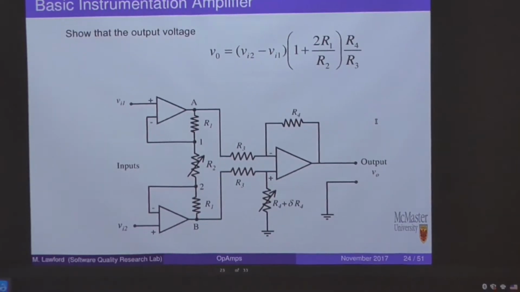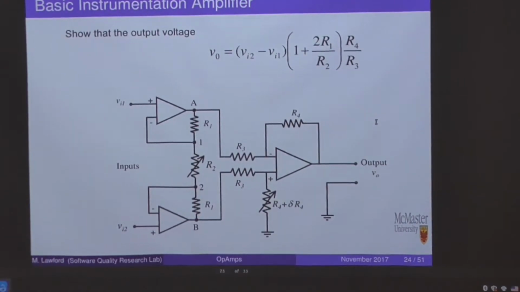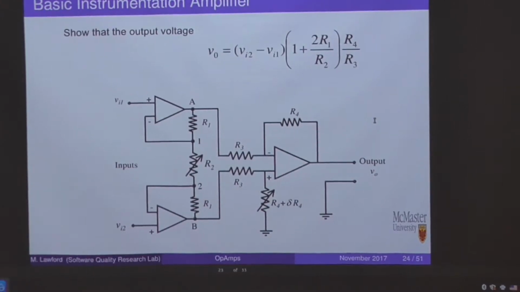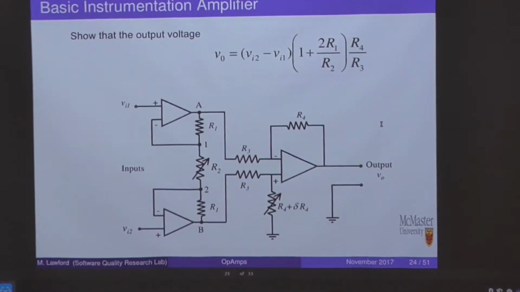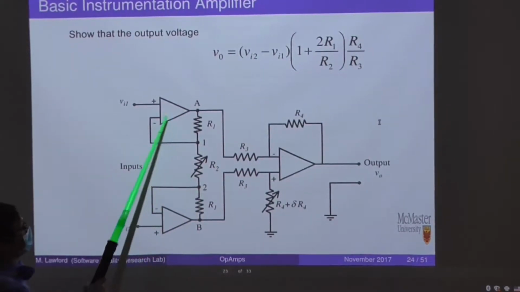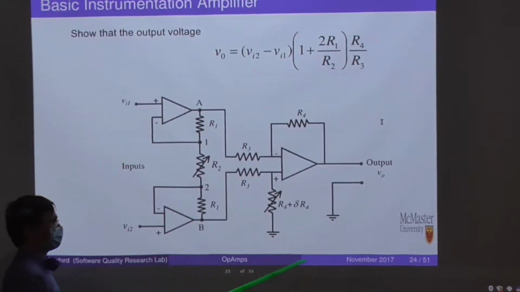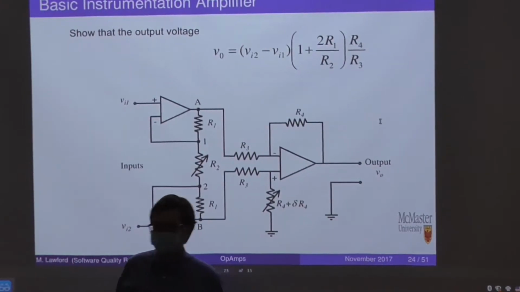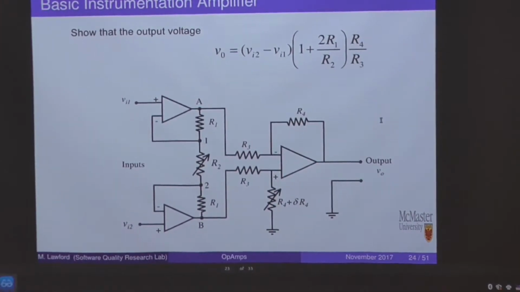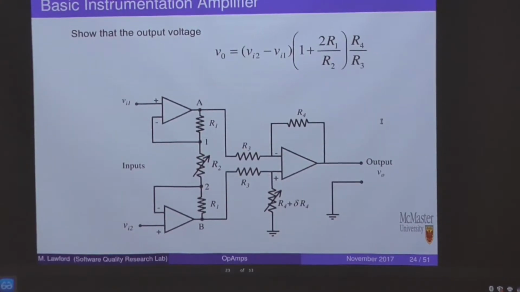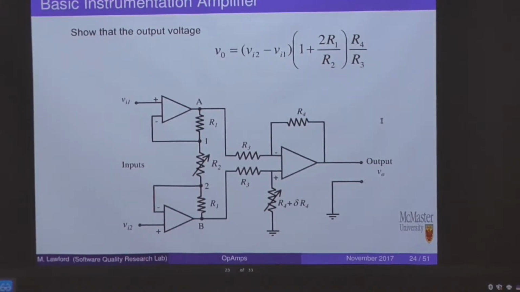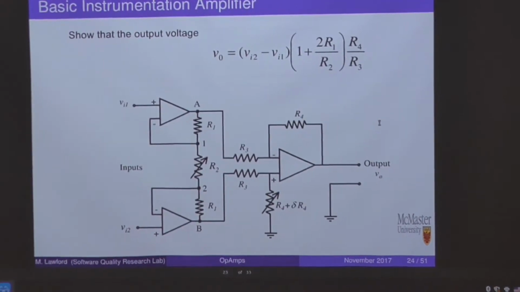It's in there to be able to adjust the amplification, but we're going to hold it constant for the purposes of our analysis. At any rate, let's see if we can calculate VO in terms of all these, shall we? This will be, I promise, the final example of operational amplifier analysis that we do.